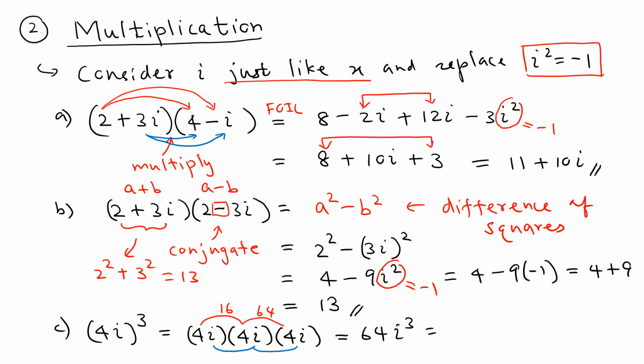Now what we're going to do, we're going to separate I squared terms. You can write this one as I and I squared. And then we know that I squared is negative 1. Since I squared is negative 1, you can write this one as negative 64i. So that is how you can simplify larger powers of i.